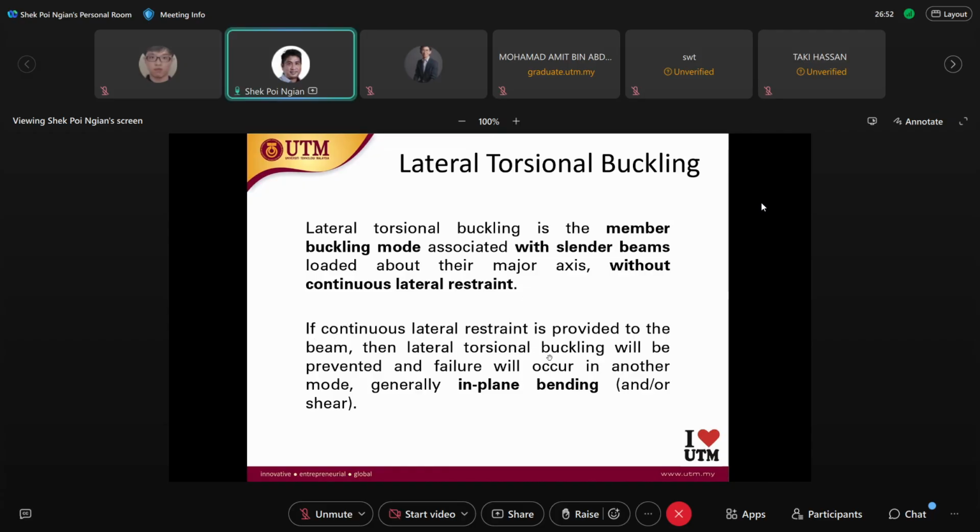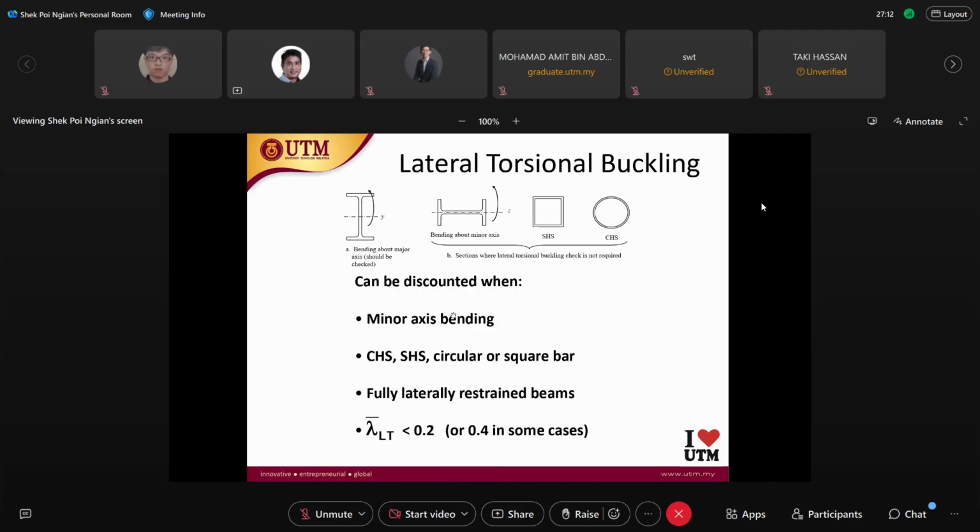If we provide lateral restraint, then your beam will become restrained beam, and then you check only the in-plane bending, like what we do in chapter 3. Okay.